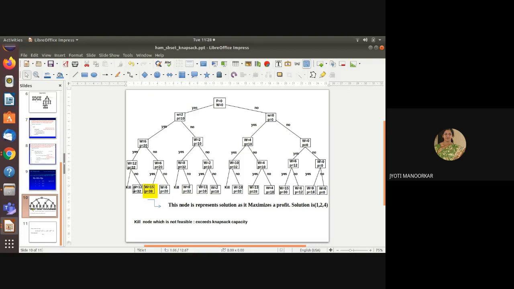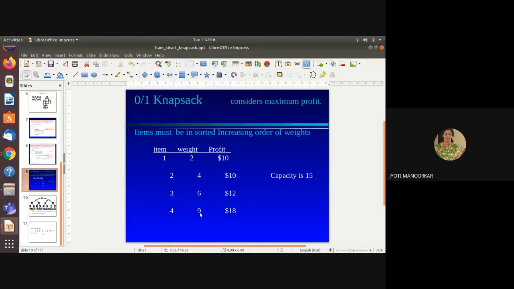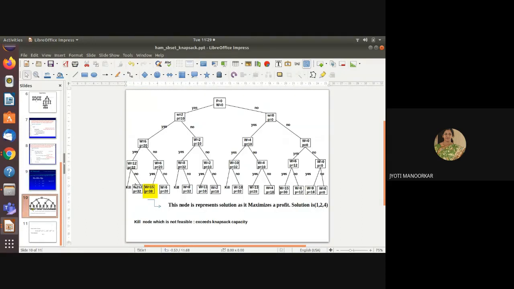Now if I try to include the fourth element, the fourth element's weight has to be added to the current weight. The current weight is 12, and the fourth item's weight is 9. So 12 plus 9 is 21, right? And is 21 less than the remaining capacity of the knapsack?